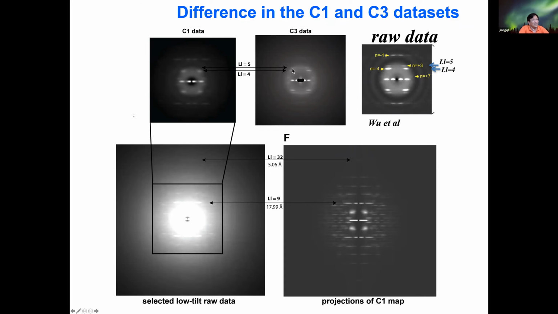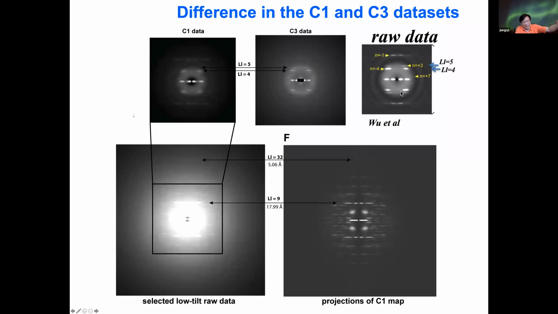You can see the significant feature in terms of helical packing is the relative strength of layer line 5 and layer line 4. In the C1, layer line 5 is almost invisible, but layer line 4 is clearly visible. In the C3 symmetry, you can see both layer line 5 and layer line 4 are clearly visible.